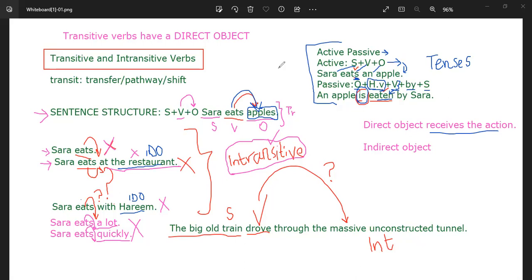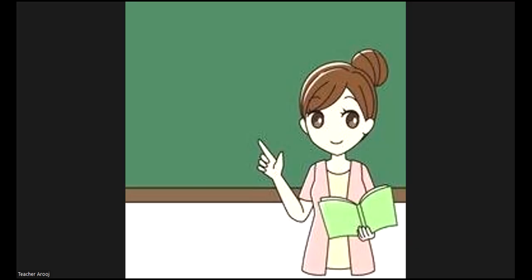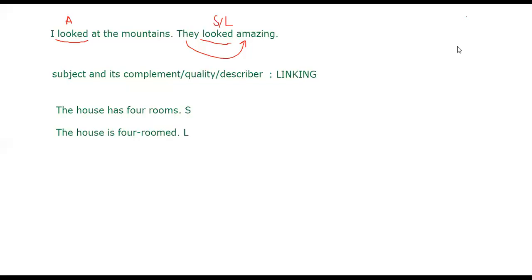However, there are cases when a sentence cannot be turned into passive voice. When is that? Okay, let us go to a clean whiteboard and then I'm going to explain it. Okay, let me clean this. So when is it that passive voice cannot be made?